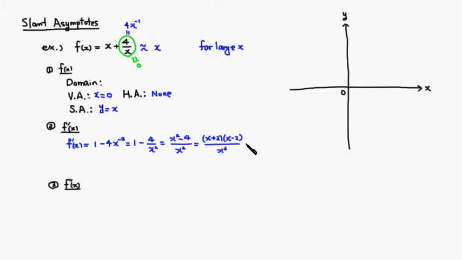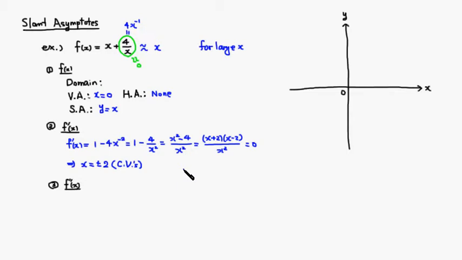Let's set that equal to 0 to find the critical values. That's going to be x equals negative 2 and positive 2, so x equals plus or minus 2. Those are the critical numbers. Then we can do a number line on this.